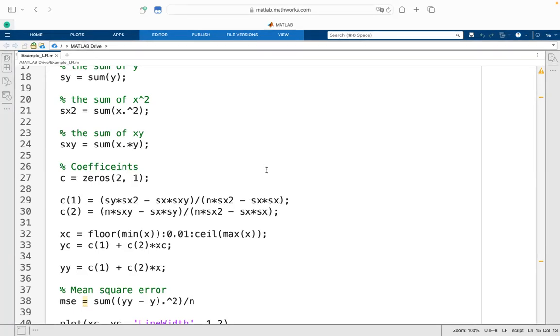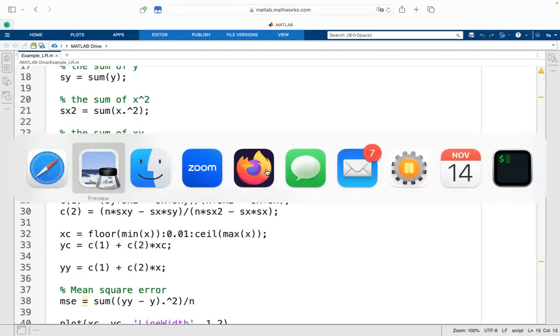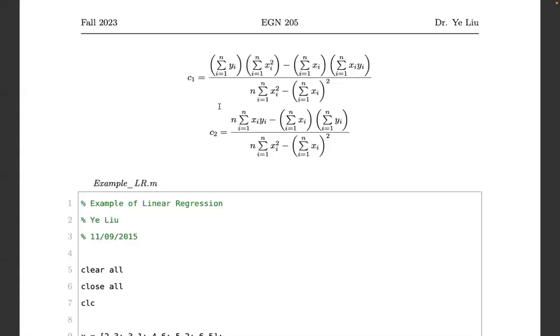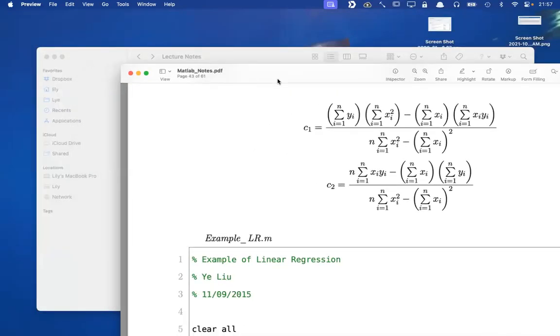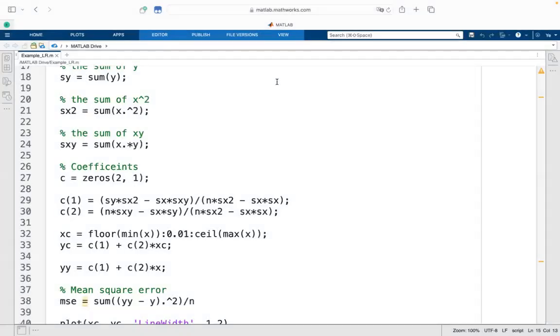Actually, these two are just from those two formulas. Here again, let me compare this. Actually, put these two together.